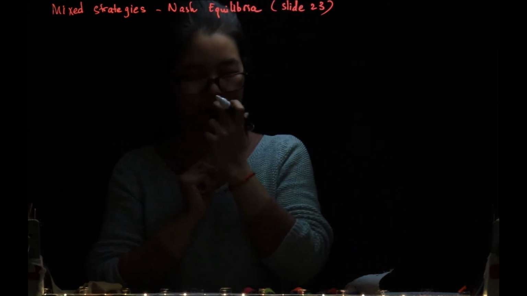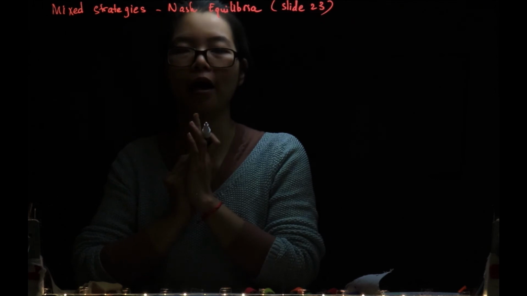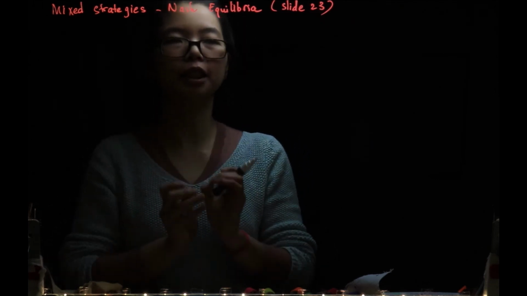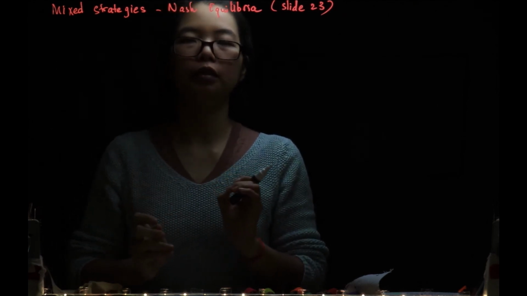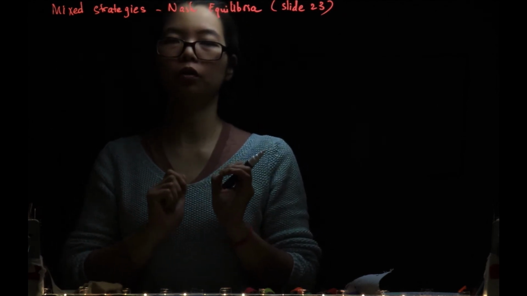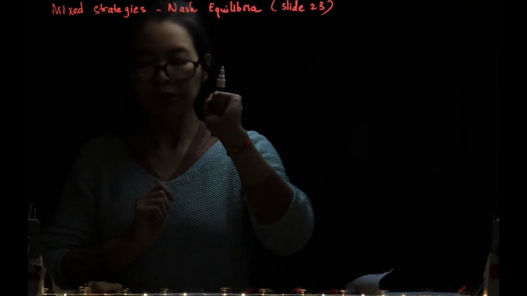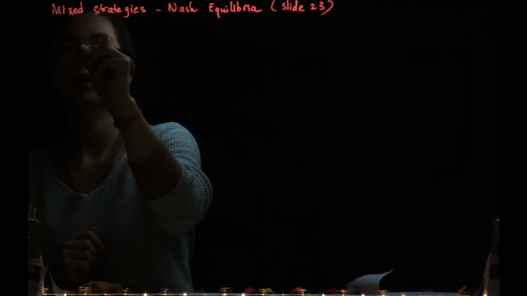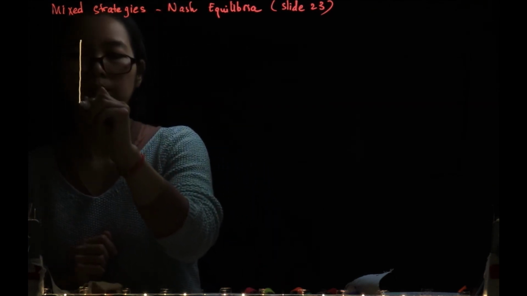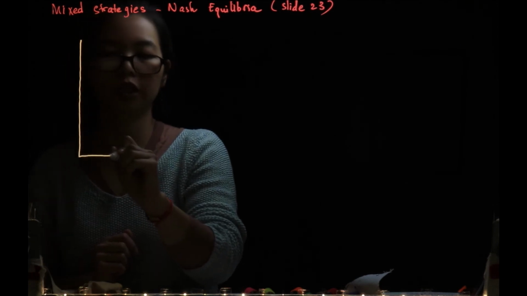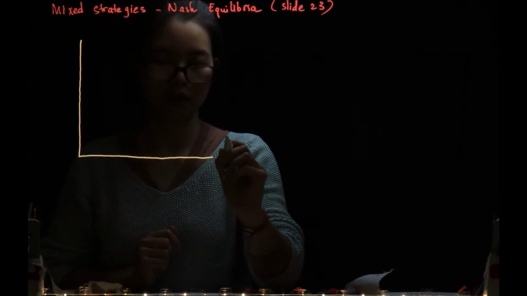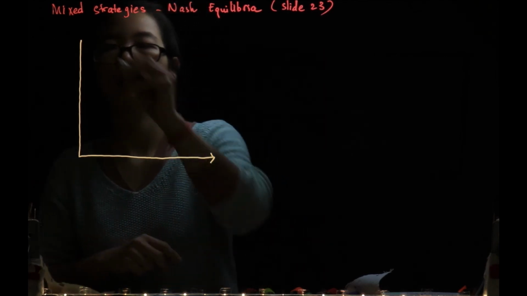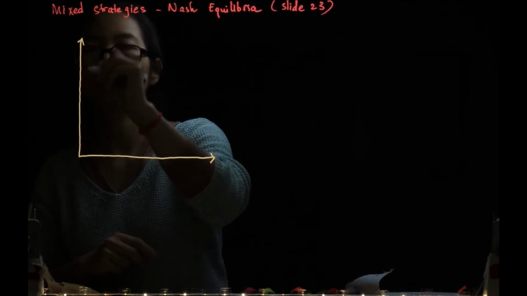So in this case, the husband and the wife must have their best response at the equilibrium, and the easiest way to find this equilibrium, if there's only one, is to use a graph. Now, best response is something concerning the two probabilities. We could put them on two edges of the graph.